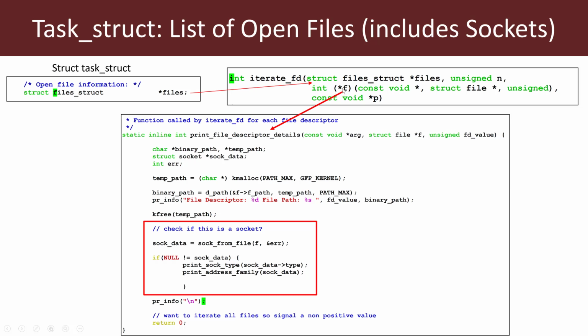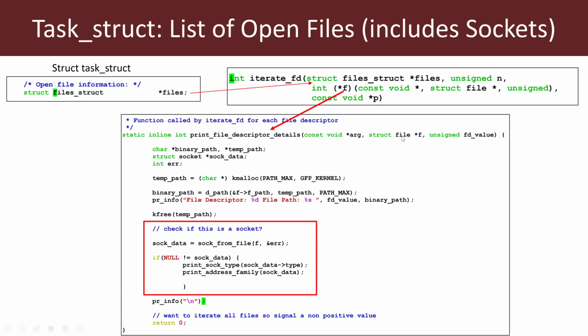It's a function which returns an integer and takes in a const void star as the first argument, and after that a struct file pointer. This is a pointer to the file struct of one of the open files, and we get this for every open file because the function gets called for every open file. After that you have fd_value, which is the file descriptor value.